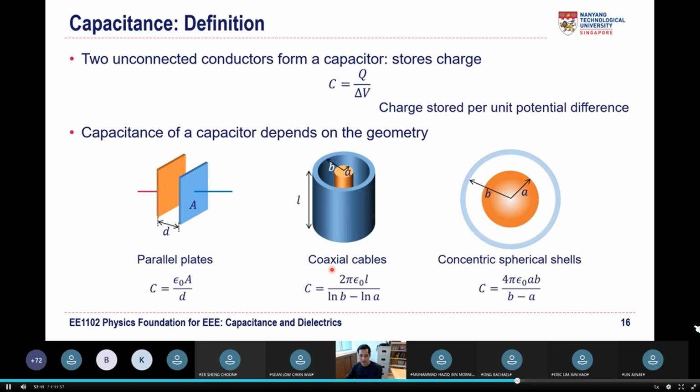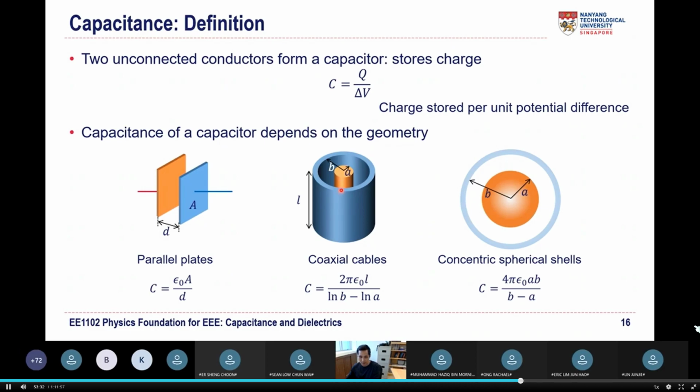Okay, now you can also consider coaxial cables to be a capacitor. So what's a coaxial cable? It's a cylinder. On the outside of the cylinder you can apply, let's say, negative charge, and then inside you have another rod inside.